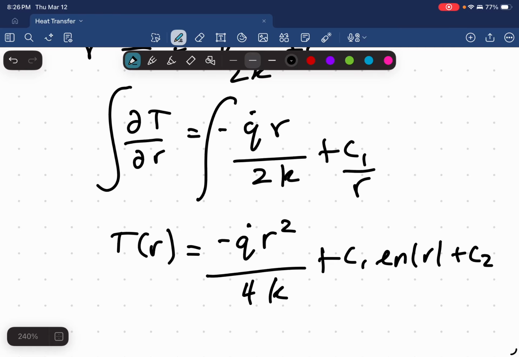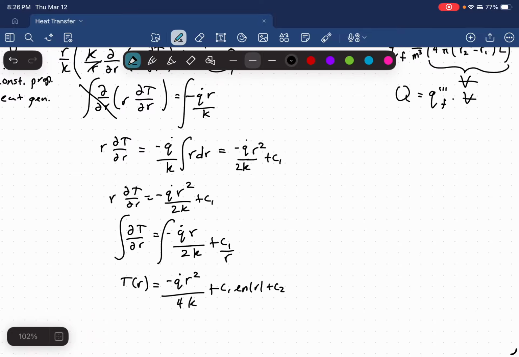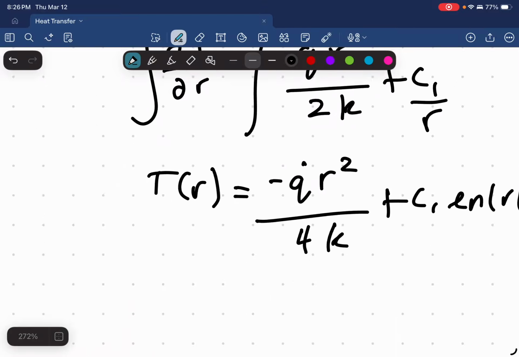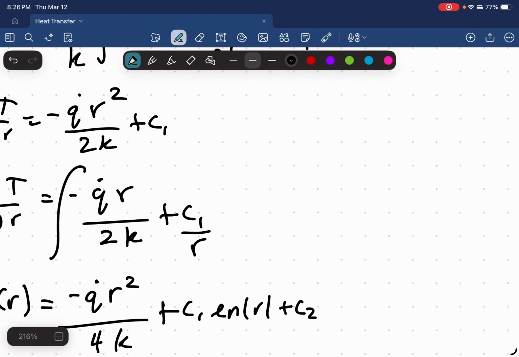Okay, and now we're about halfway done, but now we need to implement some boundary conditions.